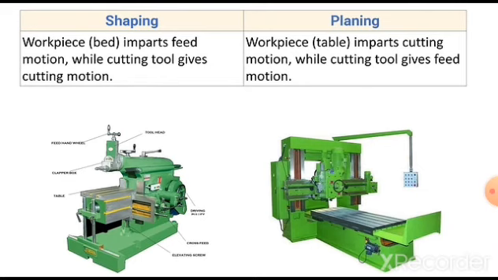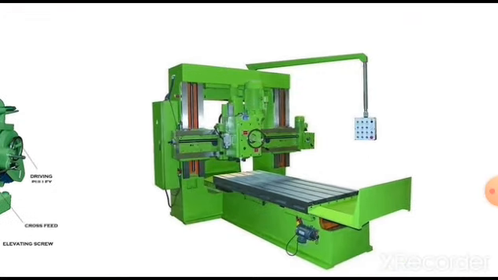Now in the planing machine, the workpiece imparts cutting motion while the cutting tool gives feed motion. Over the planer machine you can fix the workpiece over here and the cutting tool over here. After the first cut the feed is given to the cutting tool, because here the workpiece is a reciprocating member.